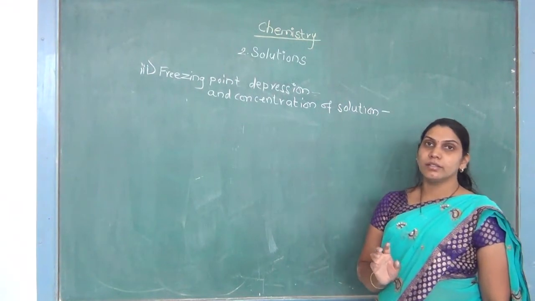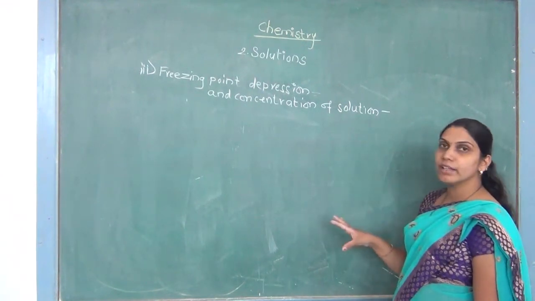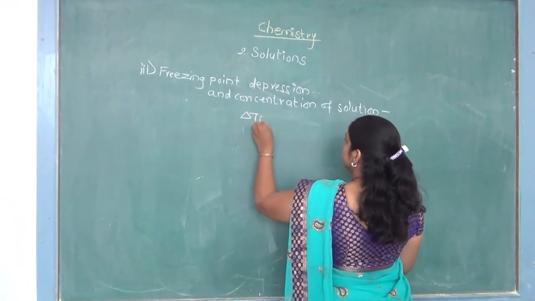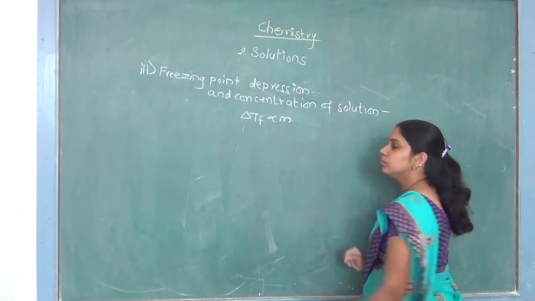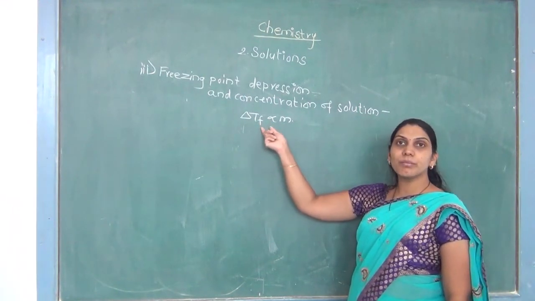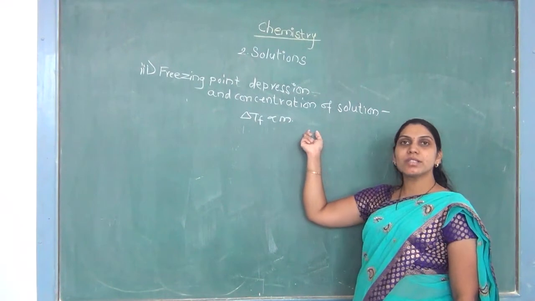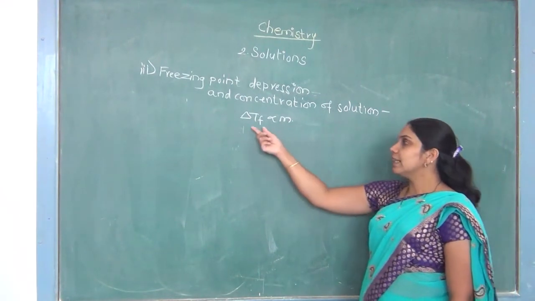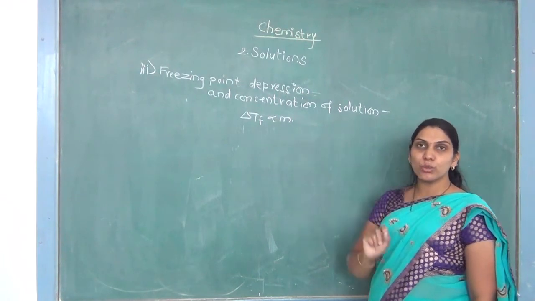We know that delta TF is directly proportional to m. Here delta TF is freezing point depression and m is the molality of the solution. Delta TF is directly proportional to m.